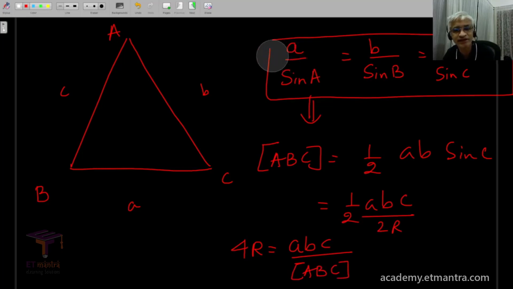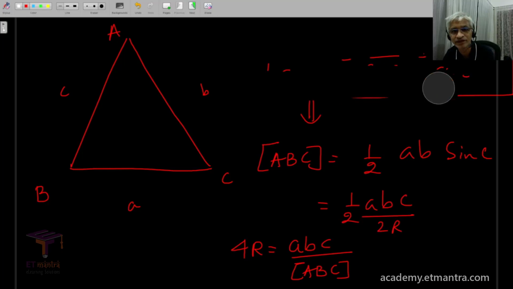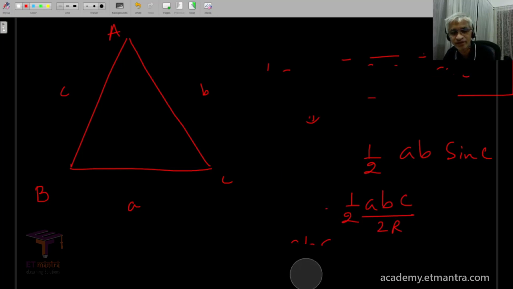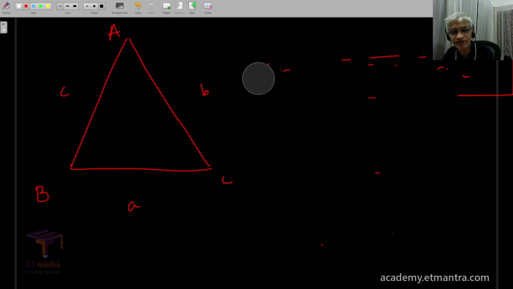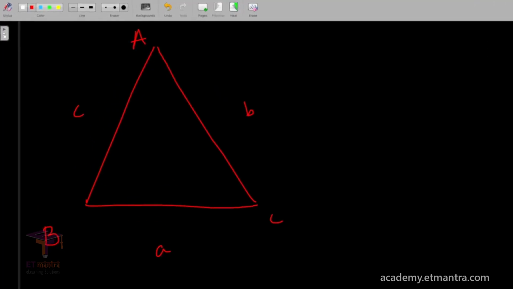Now let's get to the next formula, which is that for the inradius. For that, we just have to draw a very nice picture right here, and that goes like this. Let's say that this is the inradius, and what this means is if you draw a perpendicular from the incenter to the three sides, they'll all be equal.